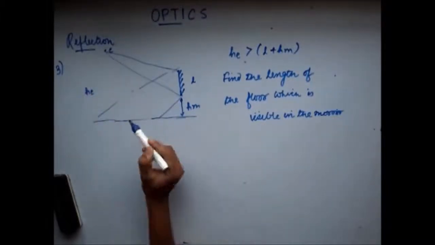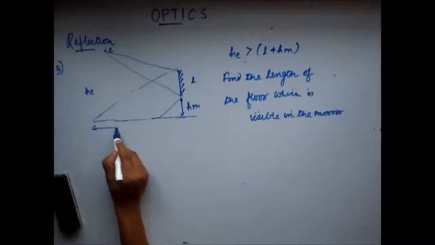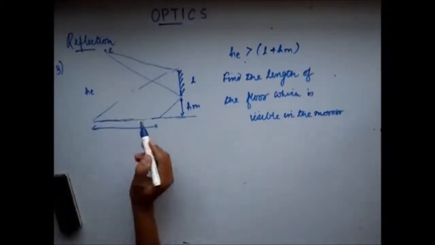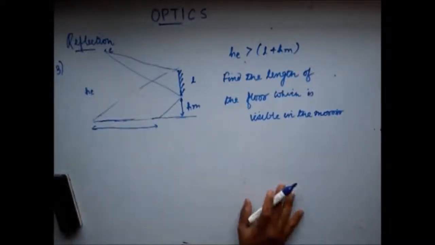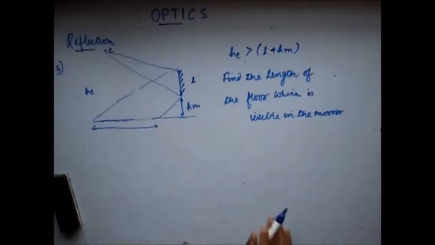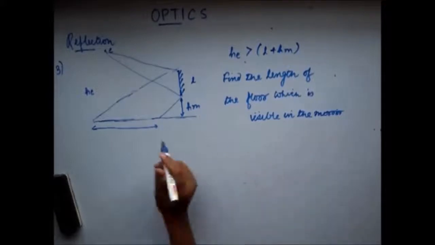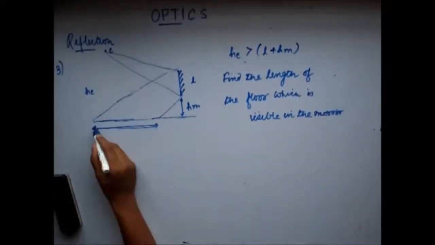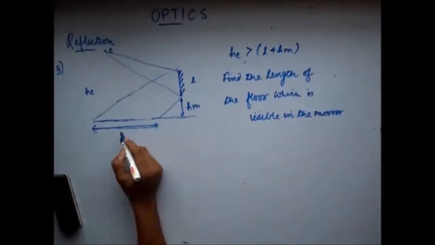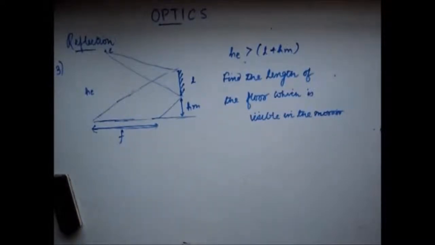These are the extreme rays. So this part of the floor I'll be able to see standing at this point. Okay, so I have given you enough hint. Now you just need to use the properties of similar triangles to find this length F. Let's see.